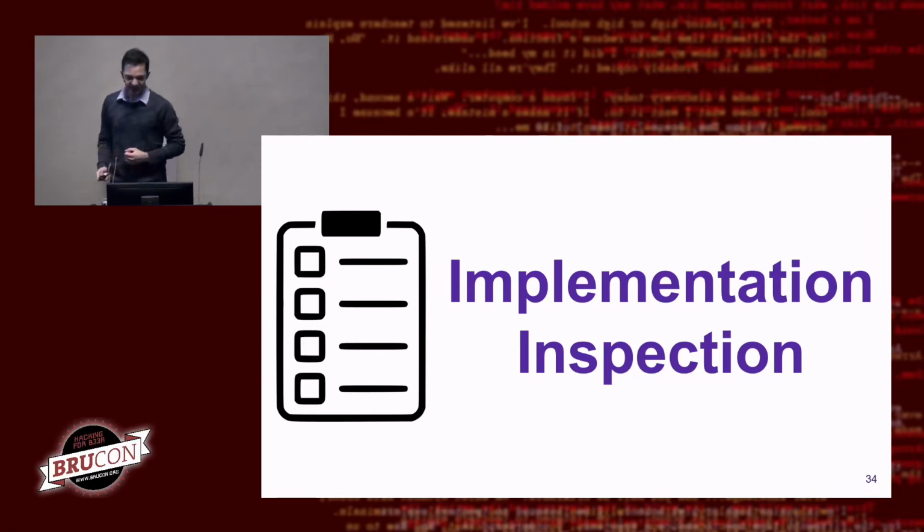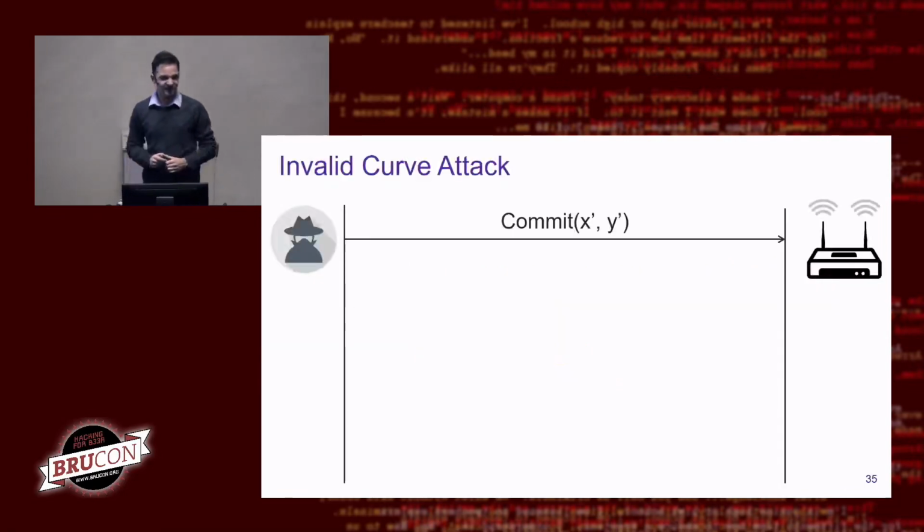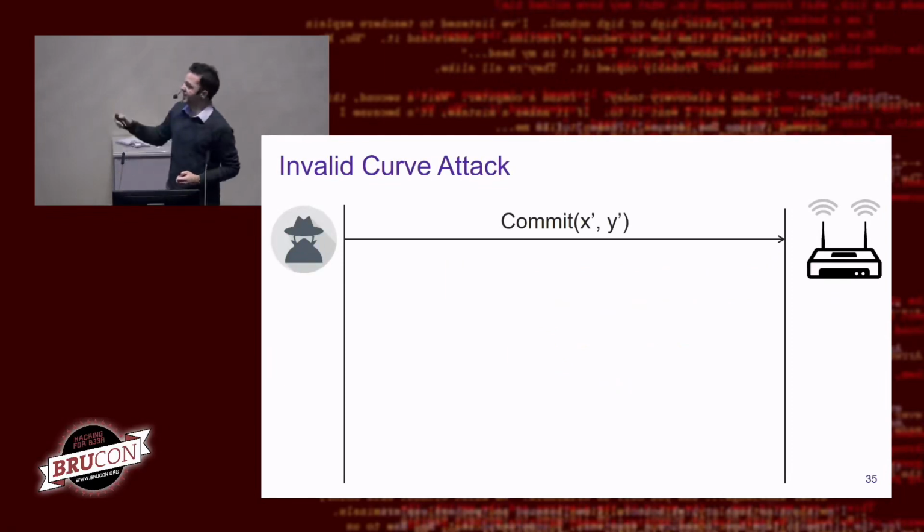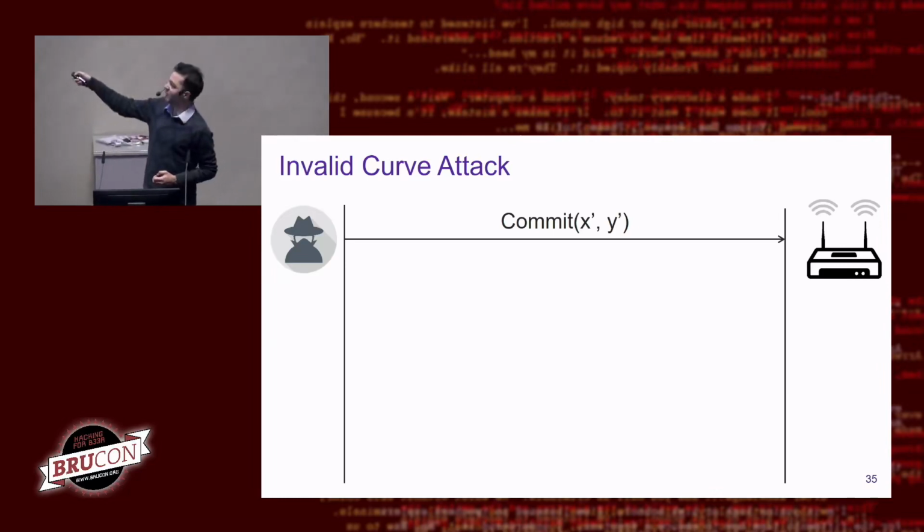And the first attack that we checked for is a so-called invalid curve attack. Now, what happens in this attack? Well, if we are using elliptic curves, and we are using the Dragonfly handshake, then the first message that the client sends will include a point X and Y on the curve. This is simply part of the protocol. And a legitimate client always sends a point X and Y that is on the curve, that satisfies that special equation.